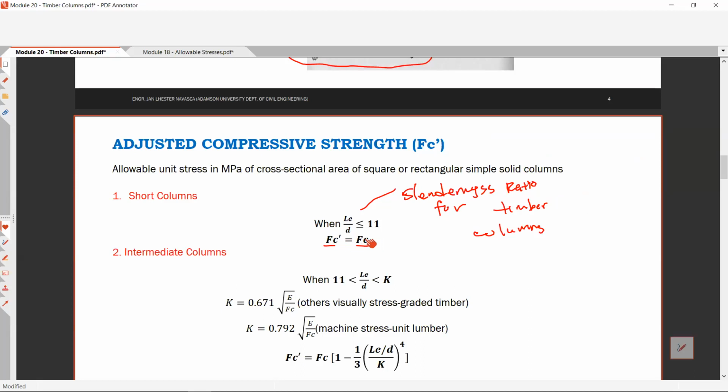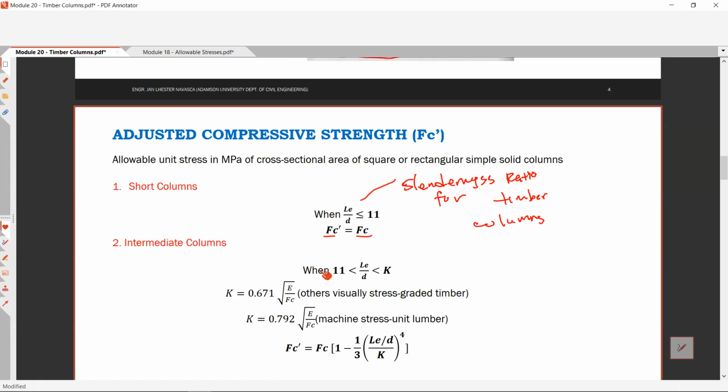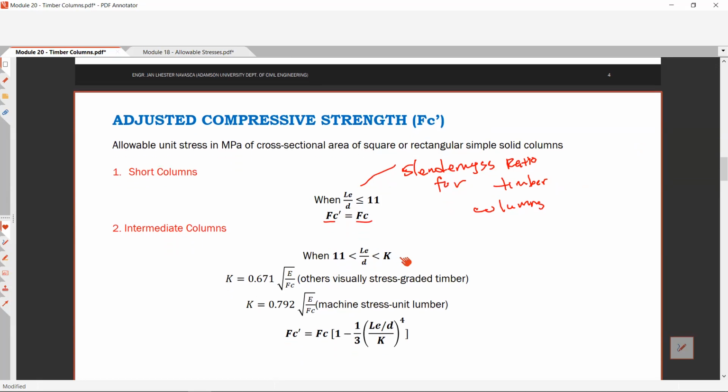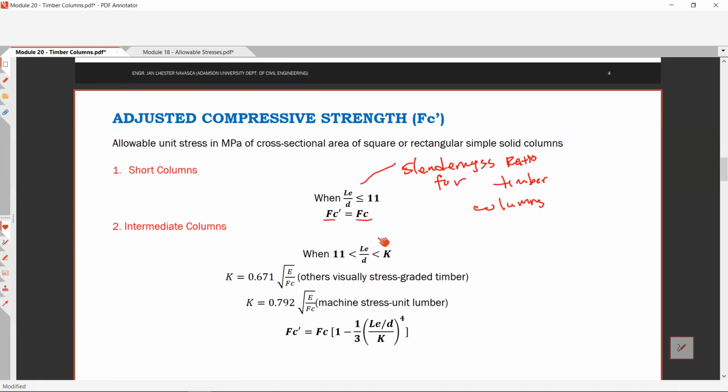Okay. So next scenario is when your column is intermediate. Paano ba malalaman if your column is intermediate? When your LE over D is greater than 11 but less than K. Okay, yung K natin is yung limiting slenderness factor. Okay, what is the value of K? Your value of K will depend if your timber beam is visually stress graded or machine stress graded. Okay, so katulad lang din yan doon sa timber beams, 'di ba?